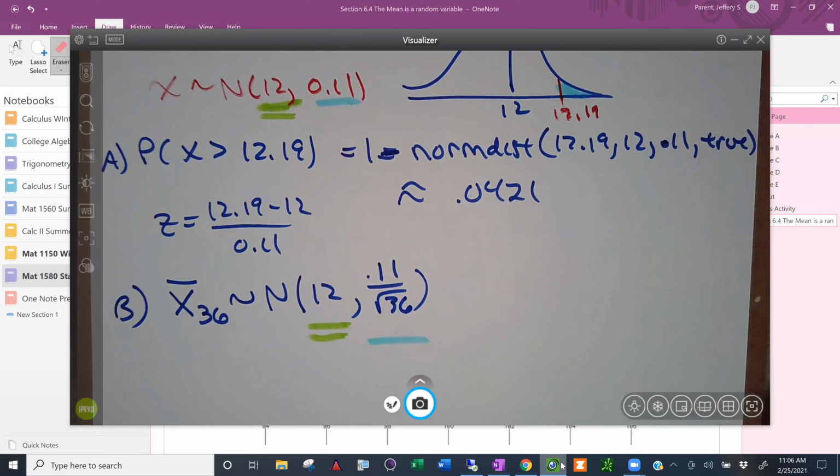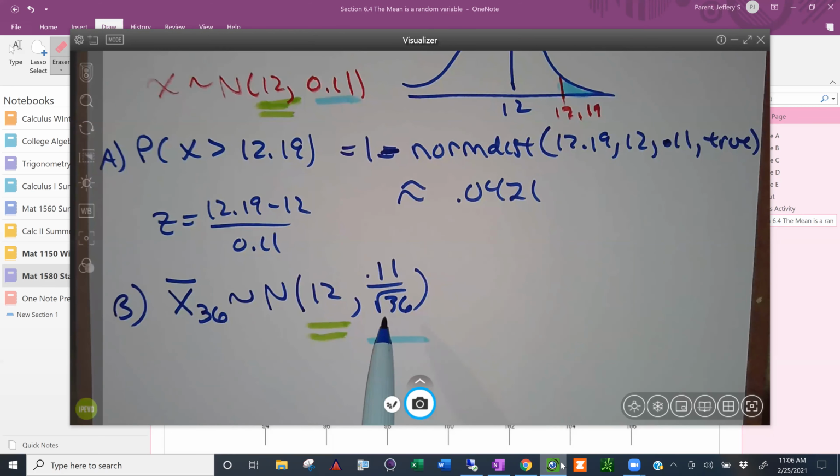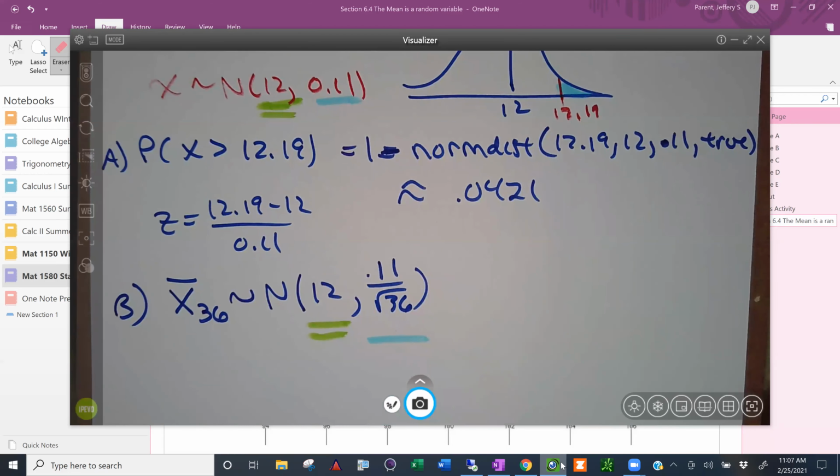Can anyone suggest a reason that they chose 36 as a sample size? Is it because it's over 30 and then it starts to look better? It's over 30, and it also, square root of 36 simplifies very easily, right? It's just 6. So it's just easier to work with.